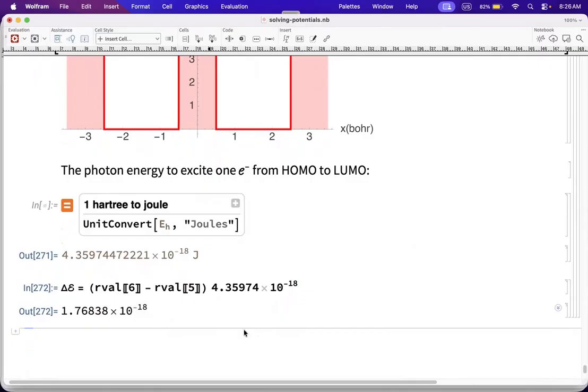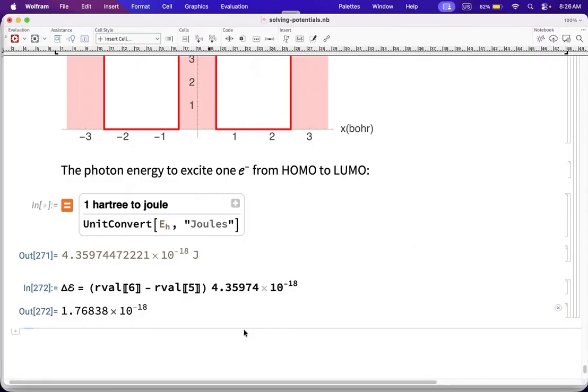Remember what is the energy of a photon? What is the definition? Right, this is h bar omega or h times nu. Therefore, the frequency is equal to E over h. That's it, right?